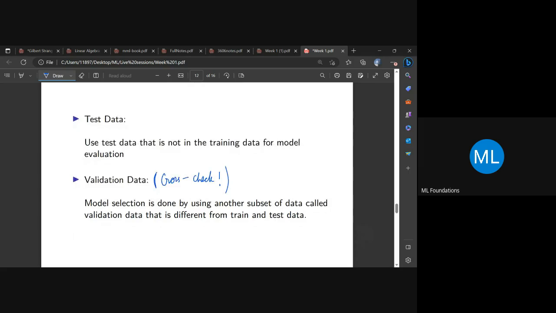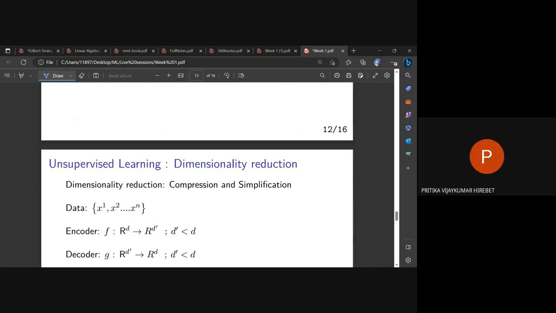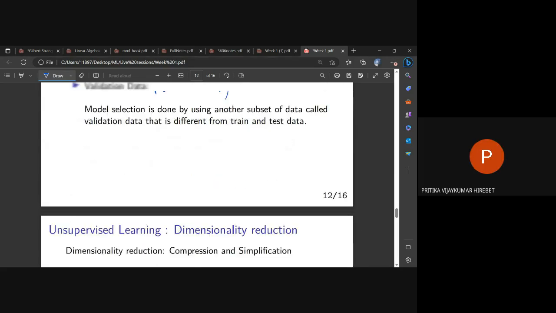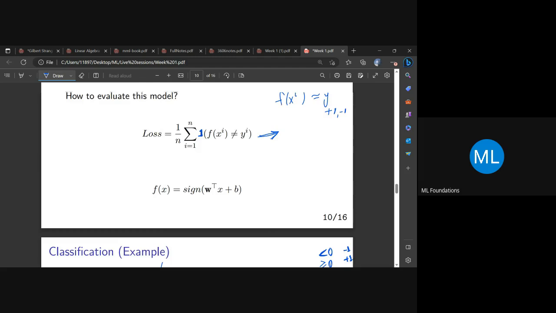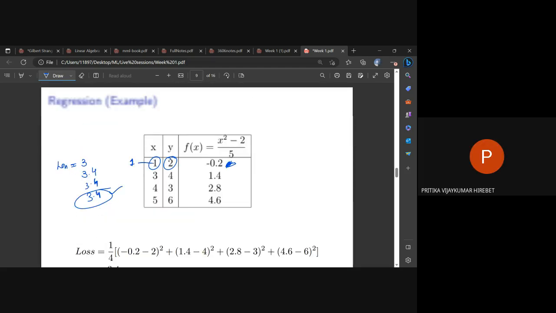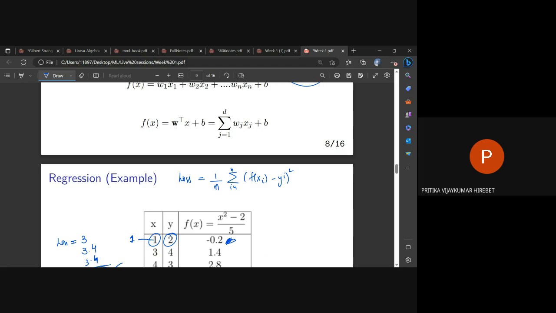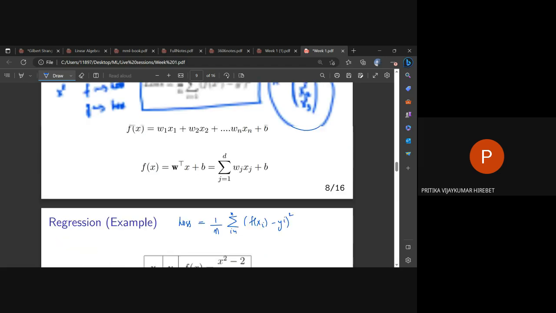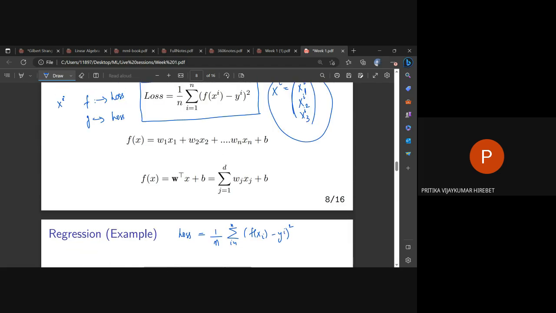Ma'am, can I ask my doubt? Yes, from regression. Ma'am, if we are calculating loss as the square of the deviations, but the actual value is not squared, how can we compare if one is squared and one is not?